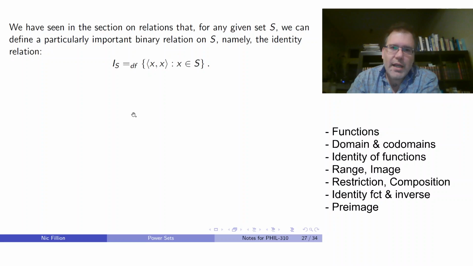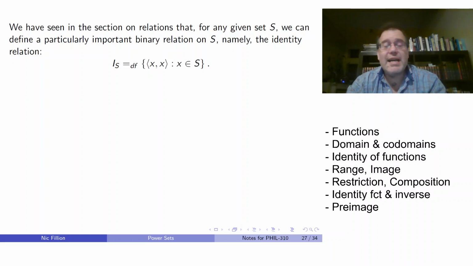The identity relation on S, so the domain and the codomain both are S, is the set of ordered pairs such that the first and the second member are the same. And moreover, for each element in S, there is such a pair, so it's reflexive as we would expect from identity.